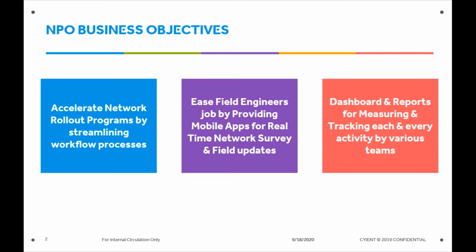And to provide dashboards and reports to supervisors, controllers, and senior management for measuring, tracking, and monitoring each and every task of the projects, which in turn helps the management to make informed decisions.